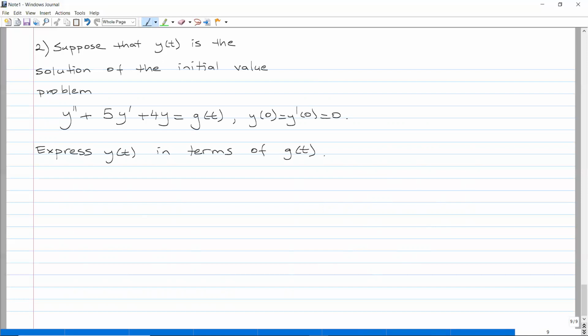And the answer is taking the Laplace transform of both sides. Since the initial conditions are 0, on the left side I have s squared plus 5s plus 4 times the Laplace transform of y.